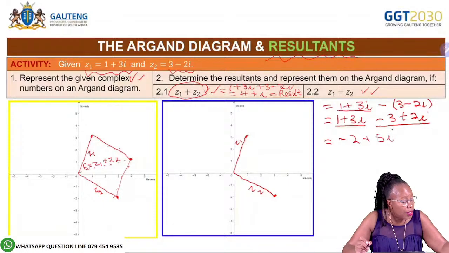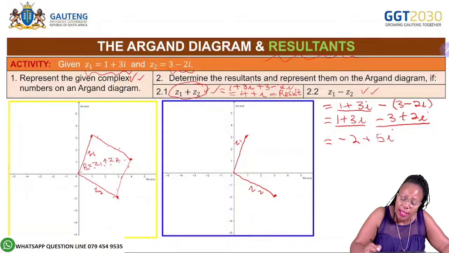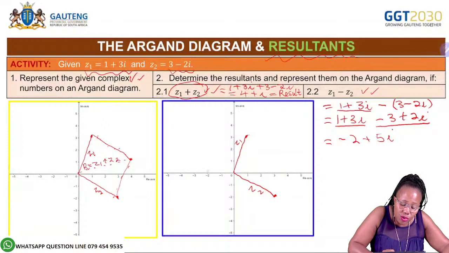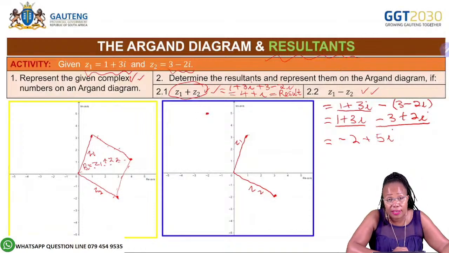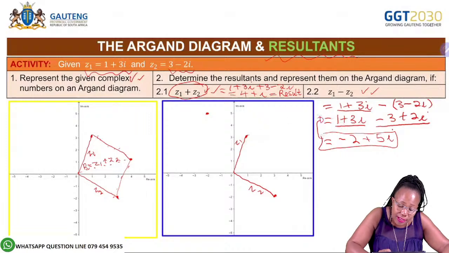And then if you try to represent this, grade 12s, on your diagram, we are using the blue one now. We are going to have minus 2 coordinating with 5. That means you'll be having a point there as your resultant. Okay, but if you compare this with the previous step, you are still having the same Z1. This Z1 is still the same at 1 and 3, correct?